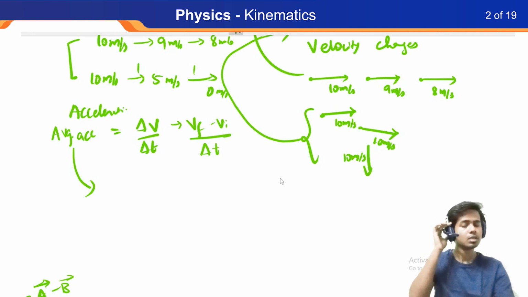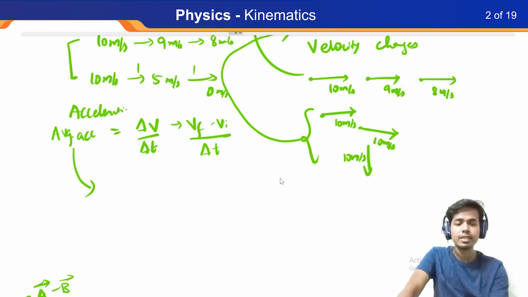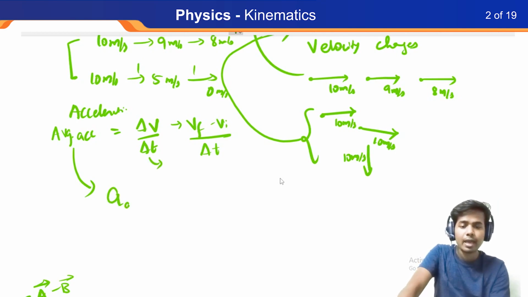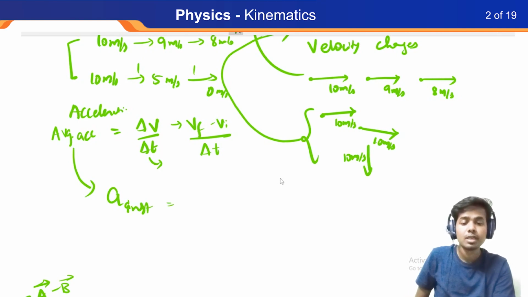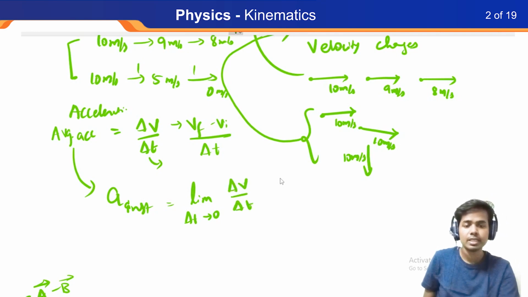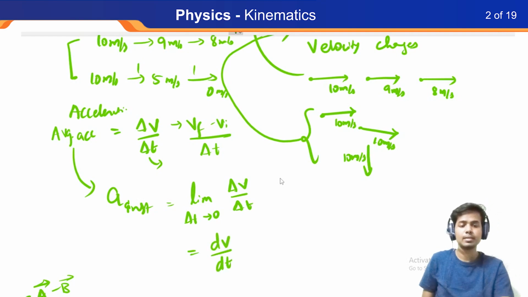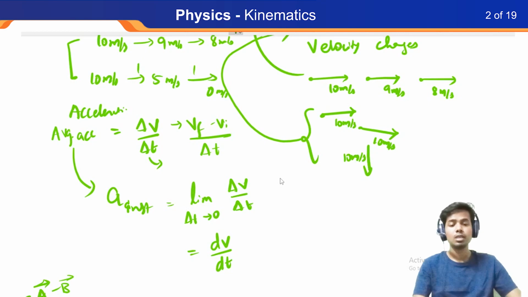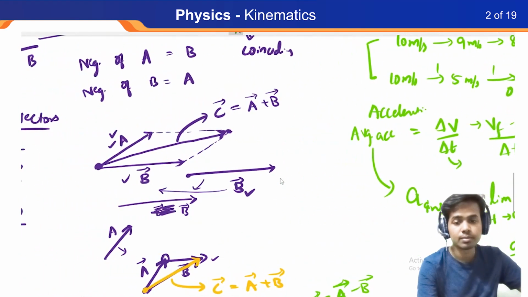Of course, we can, using the same logic that delta t tends to 0. So, instantaneous acceleration is nothing but limit delta t tends to 0 of delta v by delta t. This can also be written as dv by dt, differentiation of velocity vector with respect to time.